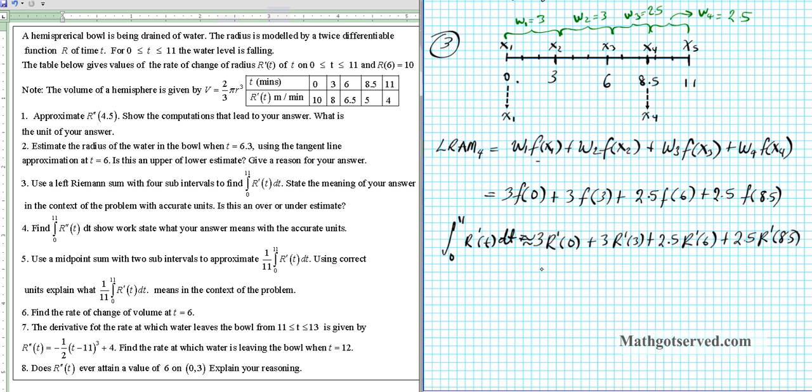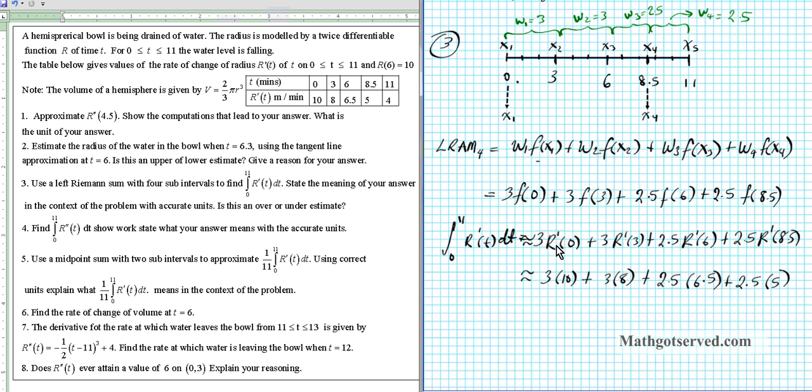Let's go ahead and do what I had before. We're going to have 3 times r prime of 0 is 10, plus 3 times r prime of 3 is 8, plus 2.5 times r prime of 6, which is 6.5, and then 2.5 times r prime of 8.5 is 5.